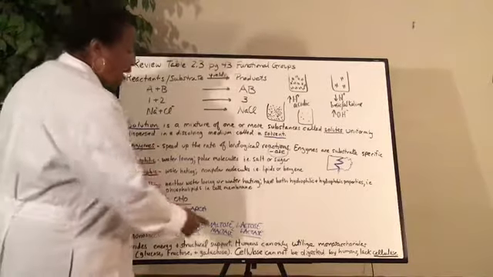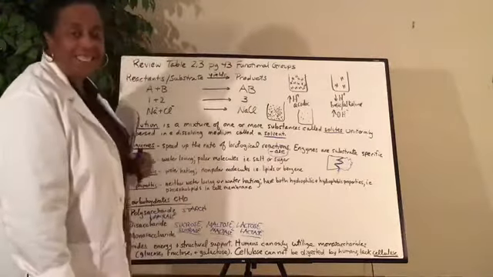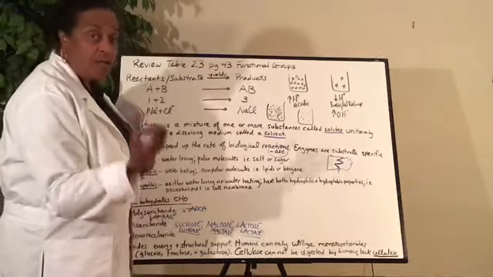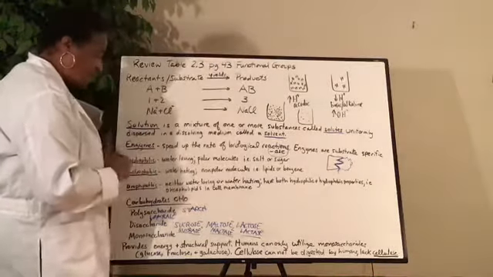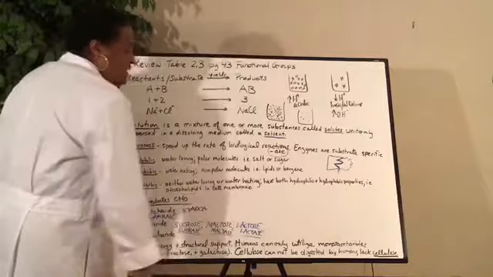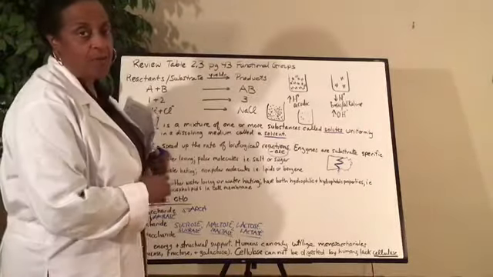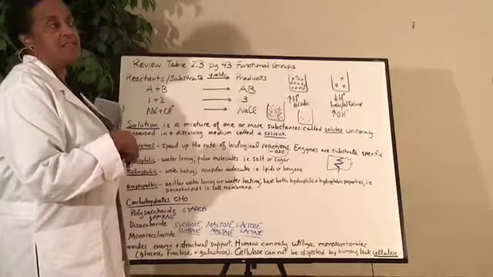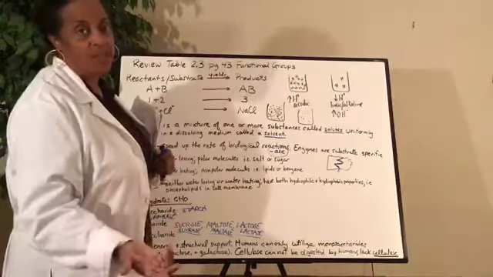So a lot of adults end up not having that enzyme to break down lactose, the disaccharide sugar. Lactose intolerant people can drink things that don't have lactose in them.